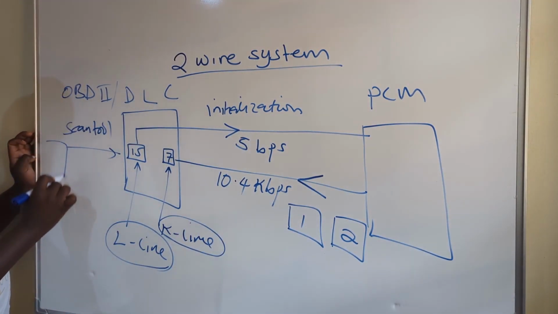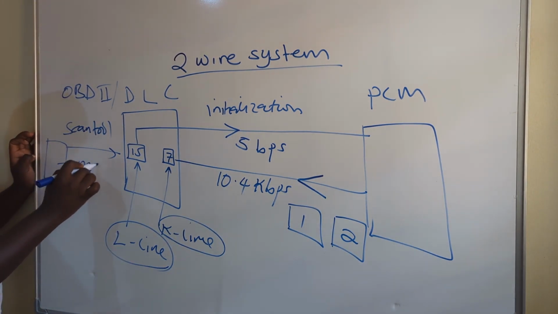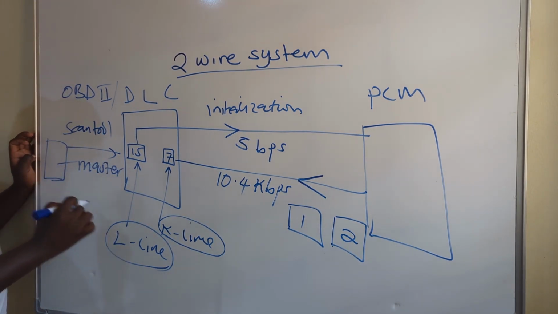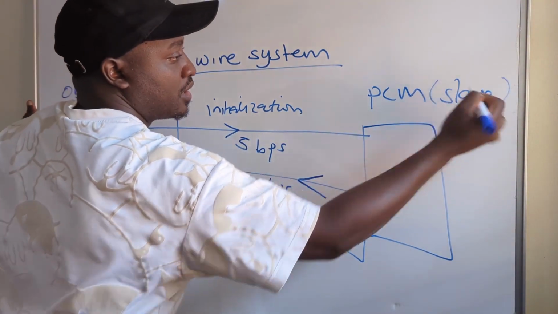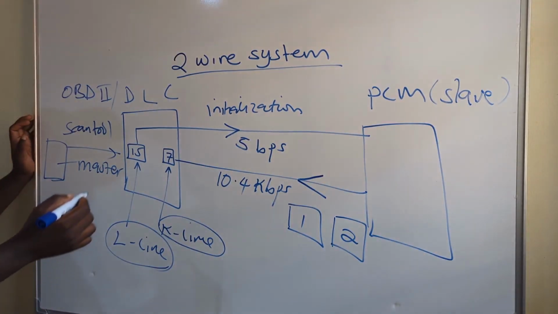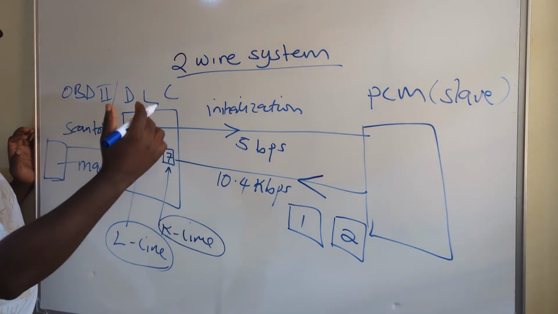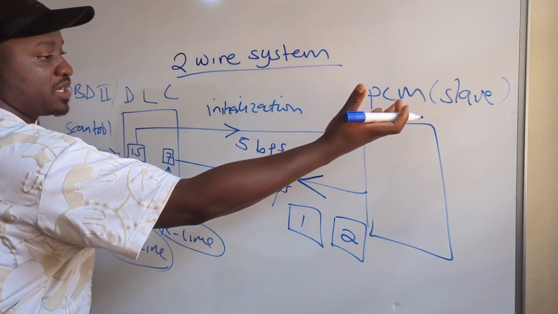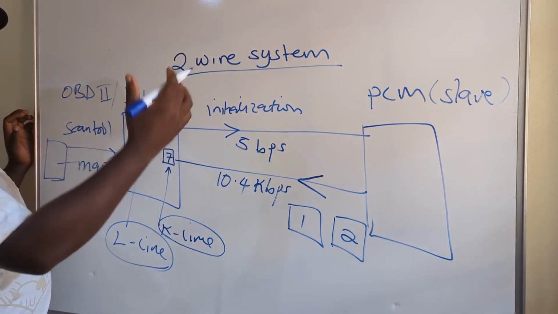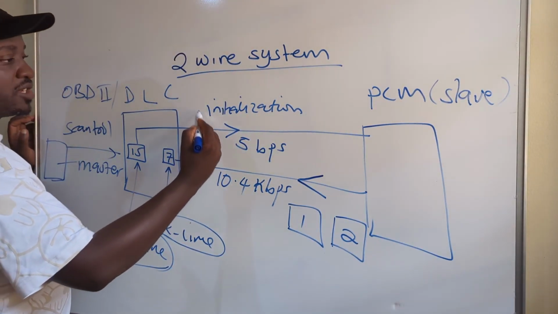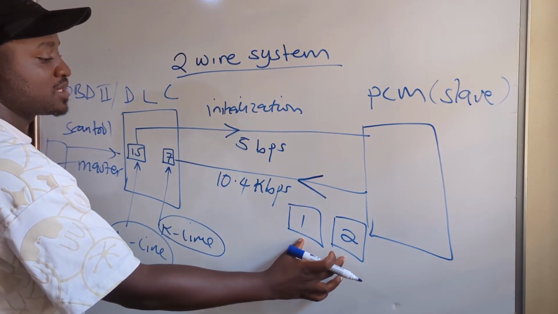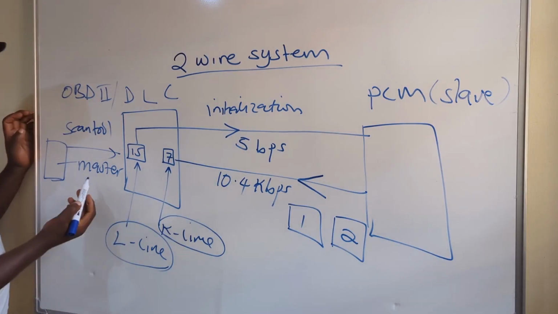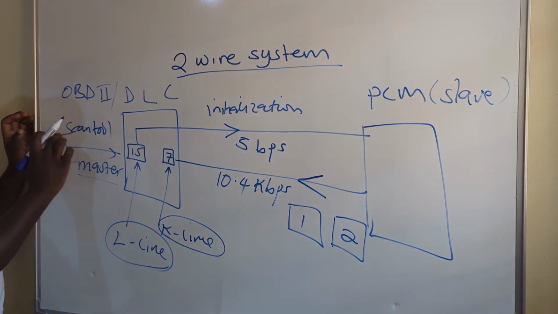In this case, the master is our scan tool, and of course the PCM is our slave. So once the slave or the PCM has acknowledged that it has received the initialization code, it is going to send 2 data bytes back to the master, which is our scan tool.